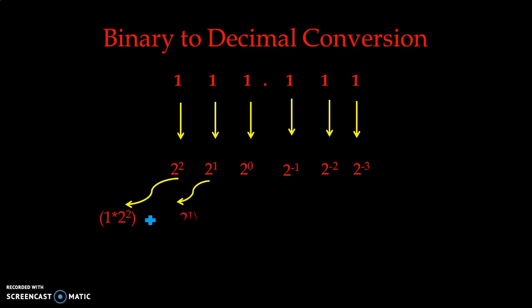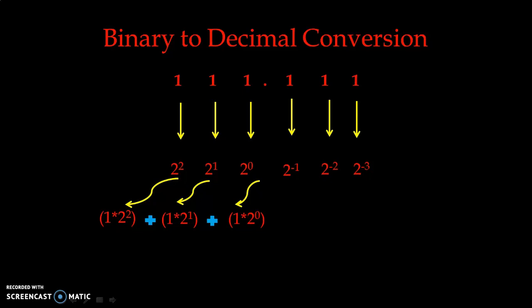So we have to multiply and we have to do the addition. So 1 multiplied by 2 raised to 0, then we have to do addition. There is no any significance of point now while doing addition. So in similar way, we have to again multiply either after a point value, either with 1 or 0.